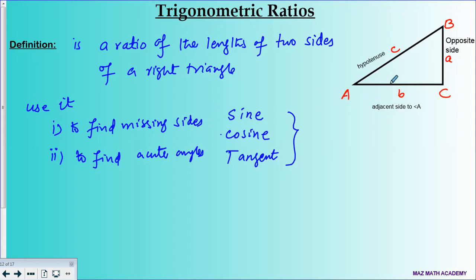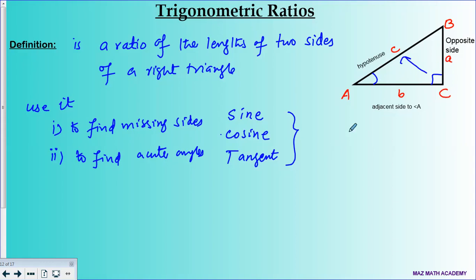Here we have a right triangle ABC in which angle C is a right angle. Angle A is an acute angle, less than 90 degrees. We classify the sides of this right triangle. The side opposite to the right angle is the longest side and it's called the hypotenuse.